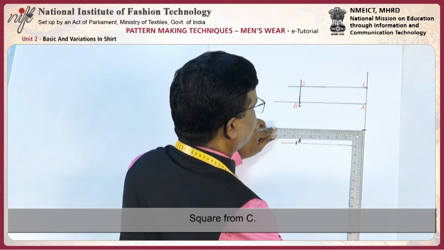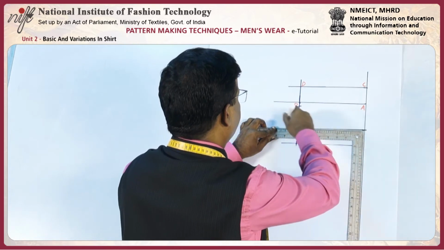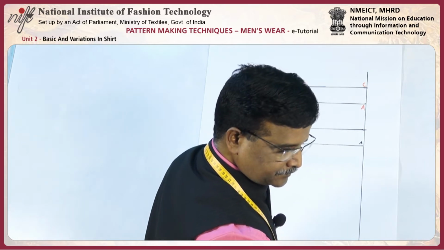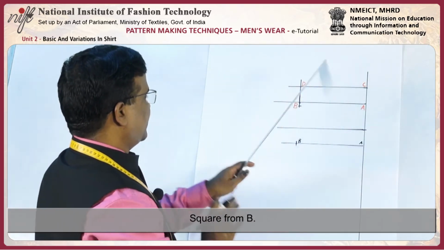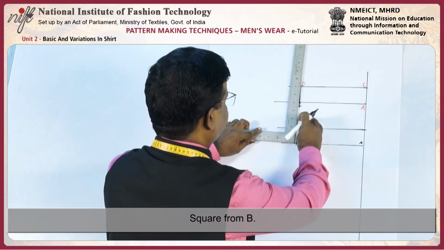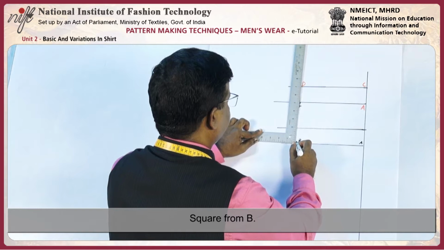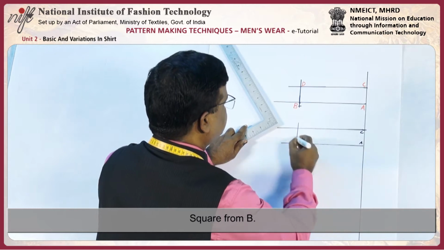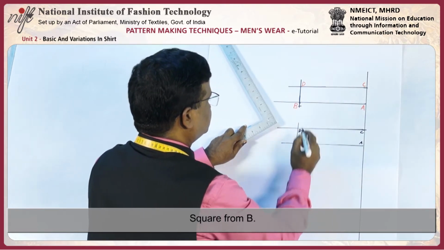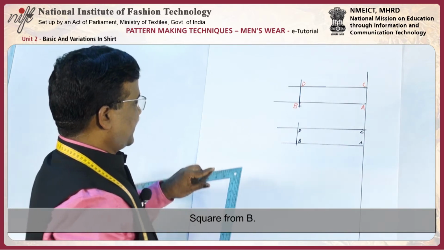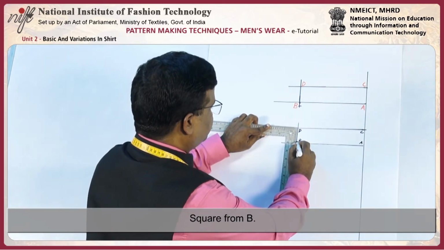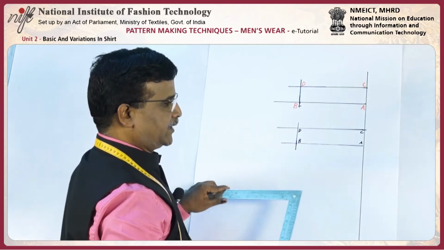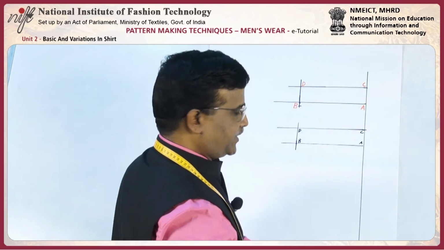Square out from C, then square up from B. Extend from B downward. A to E, 8.1 centimeter.